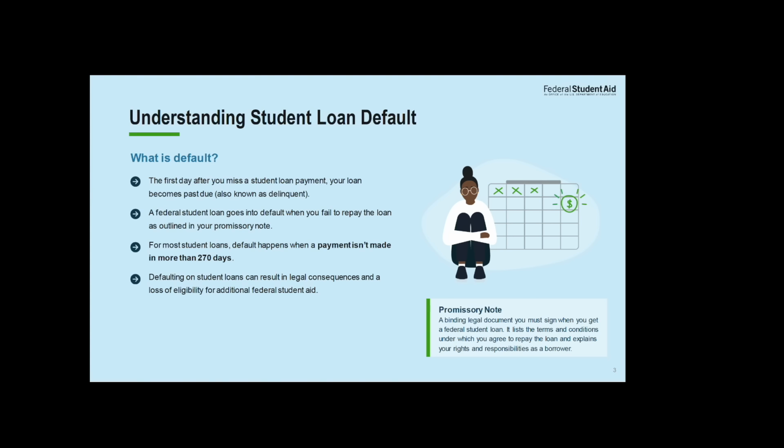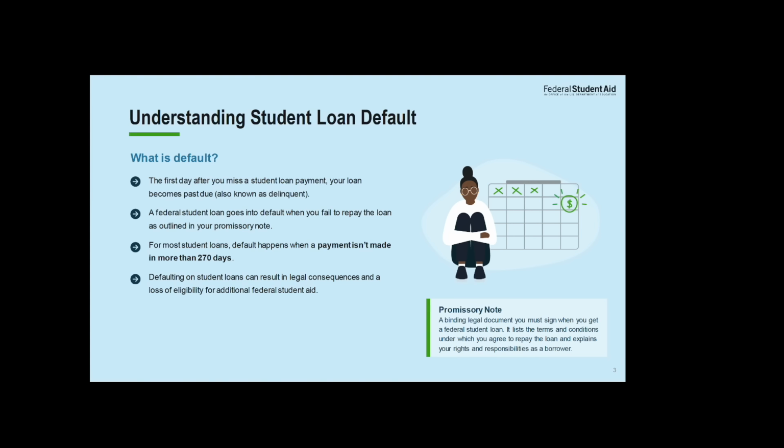When you are in default status, there are going to be some consequences as a result. It's very important that you as a borrower understand that delinquency is not necessarily a bad thing, but it is to alert you before you get to the 270 days plus in order for you to avoid default.